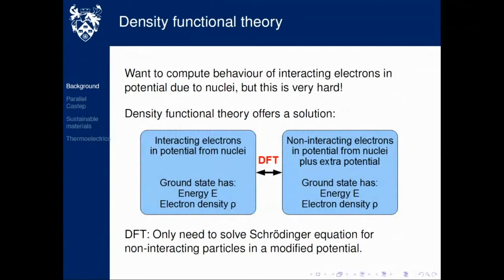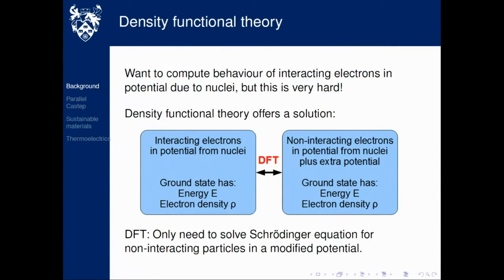And density functional theory comes to the rescue here. Essentially, what density functional theory proved is that there's a strong link between the problem I'm wanting to solve, of all these electrons interacting with each other and moving in an electrostatic potential from the nuclei, so they're attracted to the nuclei, which has its lowest energy possible, which I've just called E here, with a particular distribution of electrons.